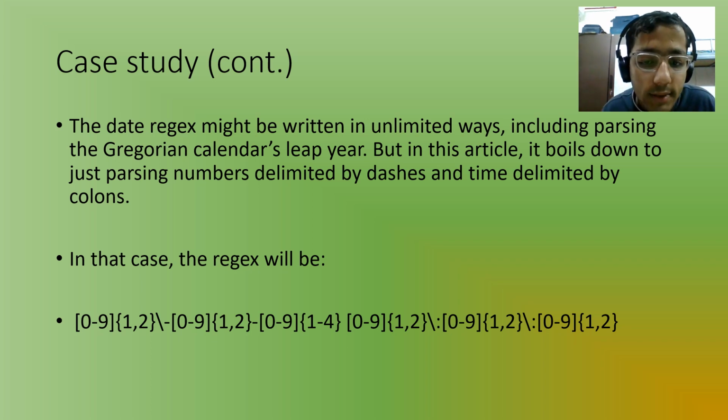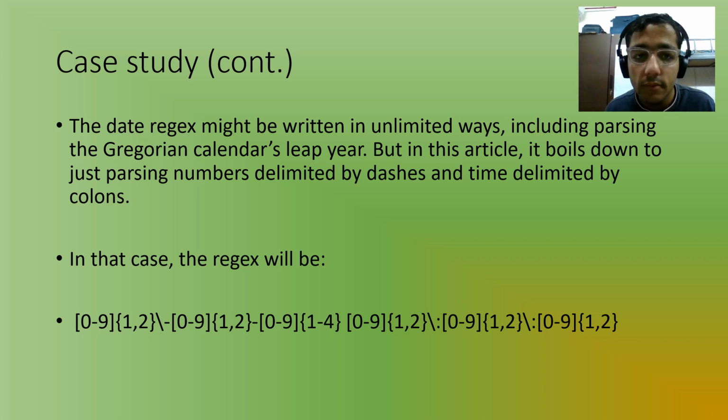So the year has 4 digits, then the month has 2 digits, date, month, year, followed by the time. The time can be anything from 0 hours to 23 hours, right? So it is 0 to 9, 0 to 9. Time is just hours, minutes.